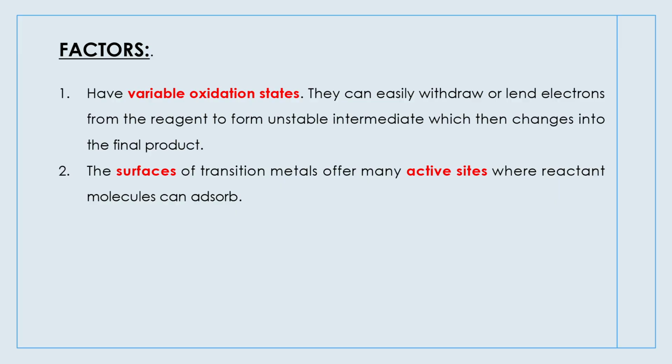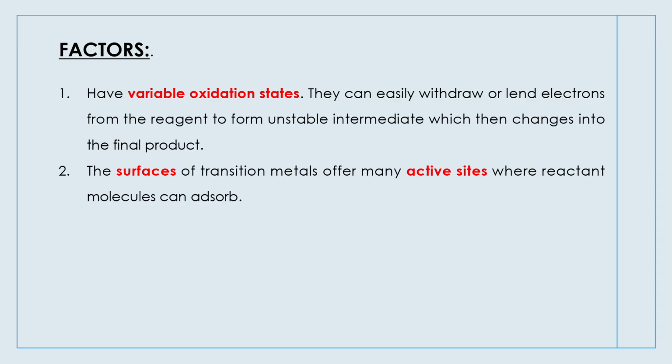The first factor is variable oxidation state, so they can easily gain or lend electrons depending on the reaction condition. The second factor that causes the catalytic activity of the transition element is that they have active sites. They provide a site of reaction to the reactant molecule so that they can get adsorbed and then perform the reaction.